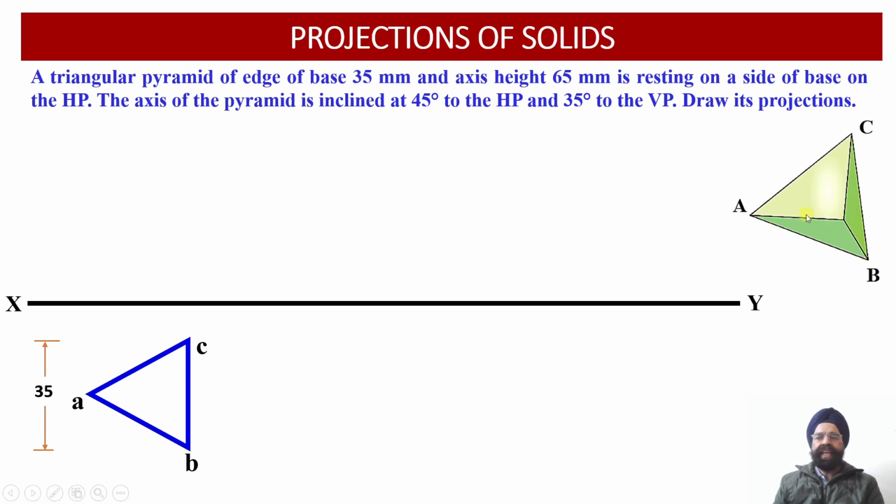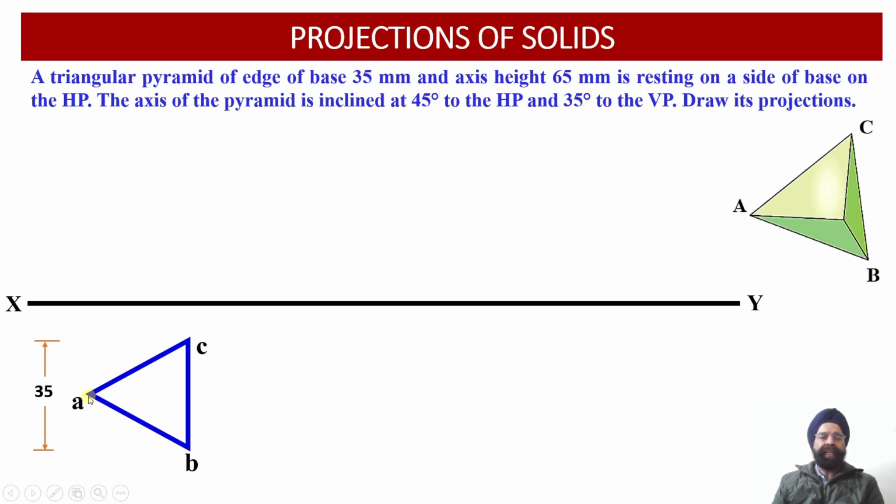Now here we can see we have got this point as the apex. So here we will be having point O located over here. So OA, OB and OC, these are the three slant edges which will also be visible to us as we look at this particular triangular pyramid from the top. So in order to locate this apex point, what we have to do?